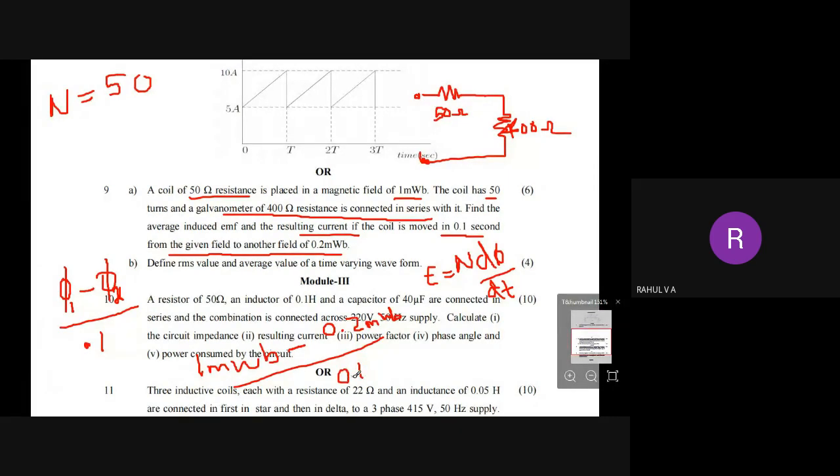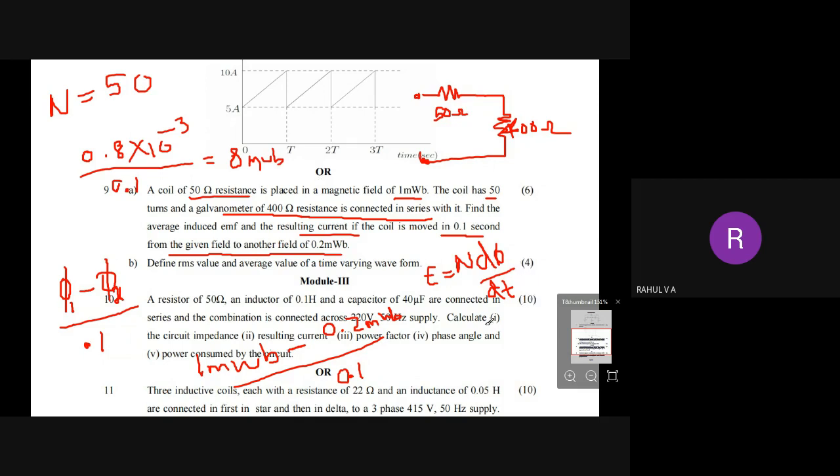For this movement, they have taken 0.1 second. So d phi by dt is 1 milliweber minus 0.2 milliweber, that is 0.8 milliweber or 0.8 into 10 raised to minus 3, divided by 0.1. That is nothing but 8 milliweber, which is your d phi by dt.